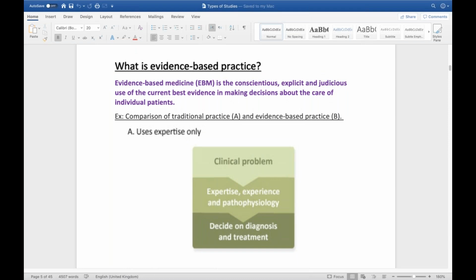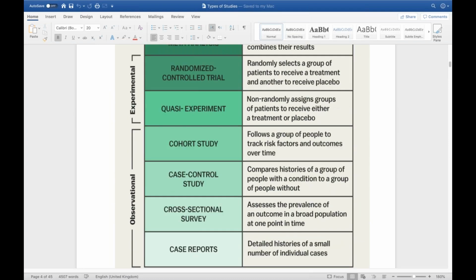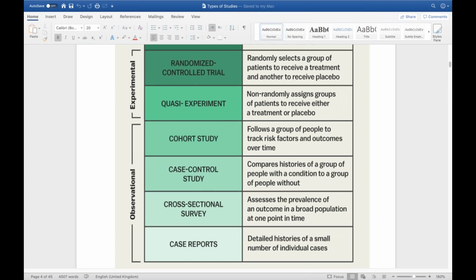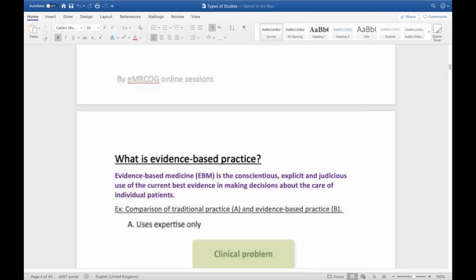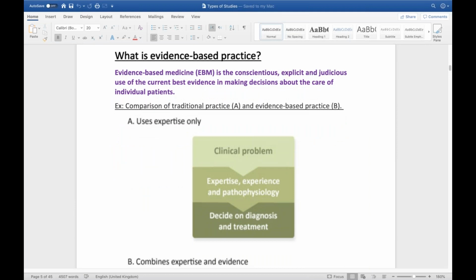So there are 3 components: the evidence itself, which are these studies, the research, and the patient, the patient characteristics. And the third component is your experience and your knowledge and everything. So you have to incorporate them, okay?